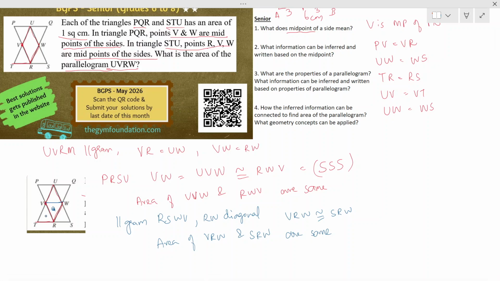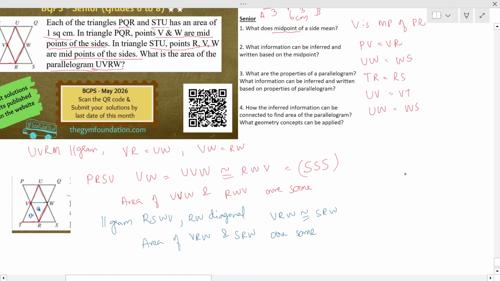So these two triangles are actually congruent. The parallelogram is TRWV, and VR is the diagonal, and along this diagonal you have two triangles, WRV, which is congruent to TRV.